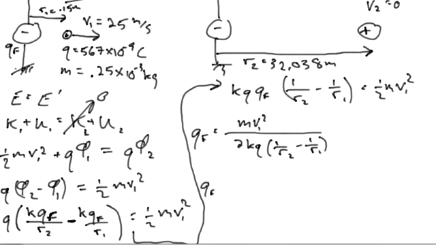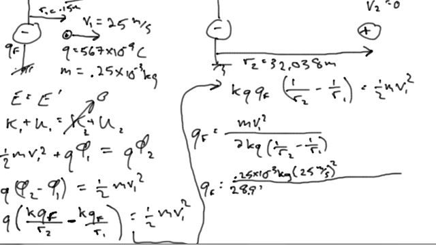So Q fixed equals 0.25 times 10 to the minus 3 kilograms times 25 meters per second squared, all divided by 2 times 8.99 times 10 to the 9th newton meters squared per kilogram squared, times Q. Oh, wait a second, I'll need some parentheses there.